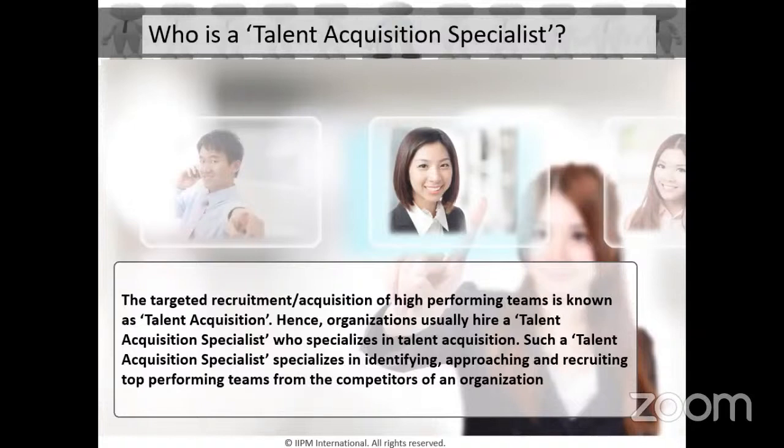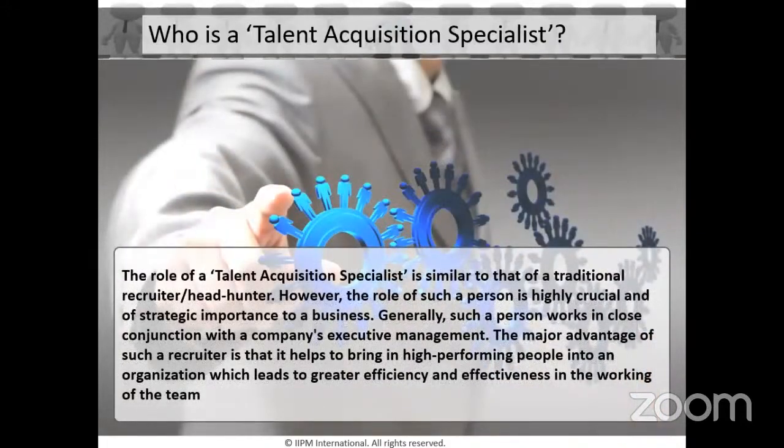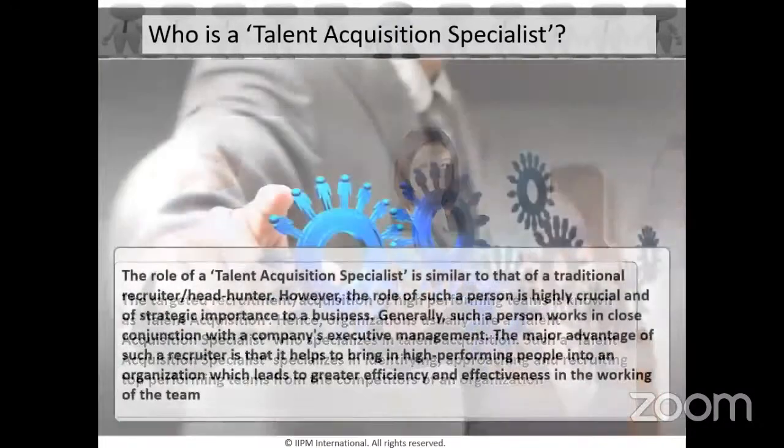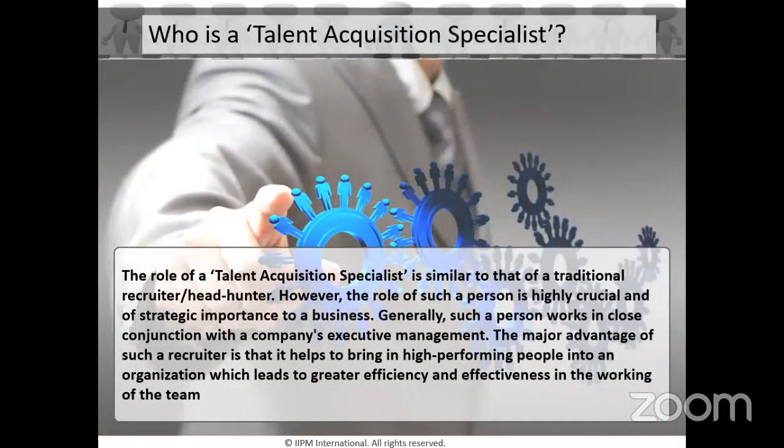Now it's time for one more, in fact, the last multiple choice question I have for you today. So the role of talent acquisition specialist is similar to that of a traditional recruiter or headhunter.